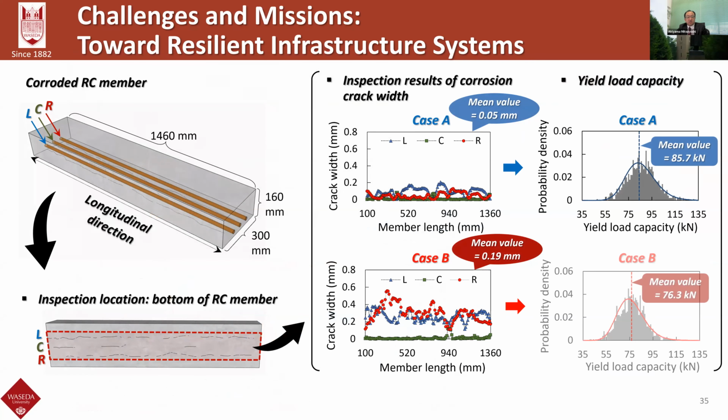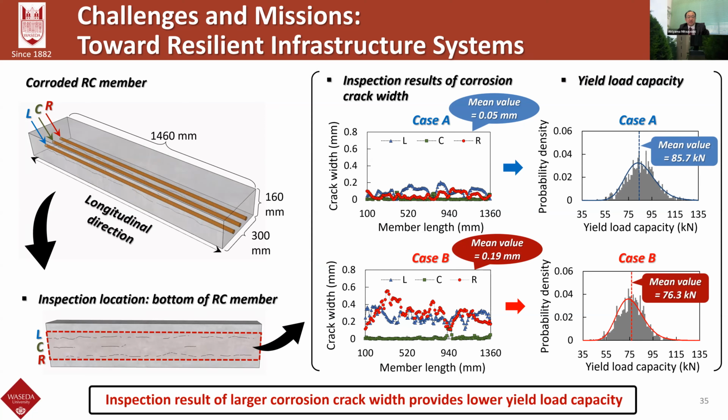So this is the case study using 2 experimental specimens. The crack width of the case B specimen is larger than that of the case A specimen. This is an experimental result and the crack widths observed on the surface of this RC beam. So using the proposed procedure, including machine learning and numerical simulation, we can obtain the probability density function of structural capacity.